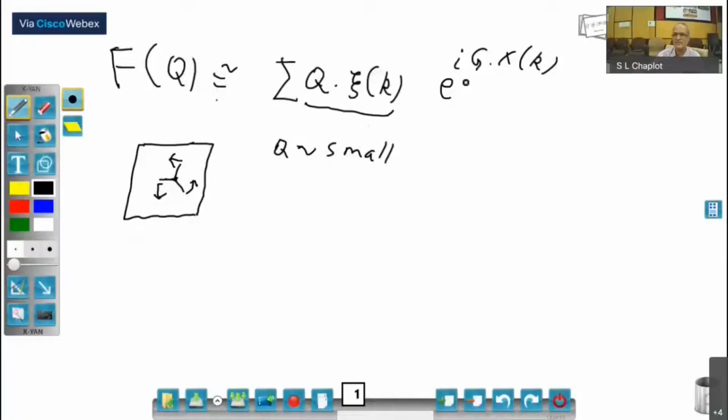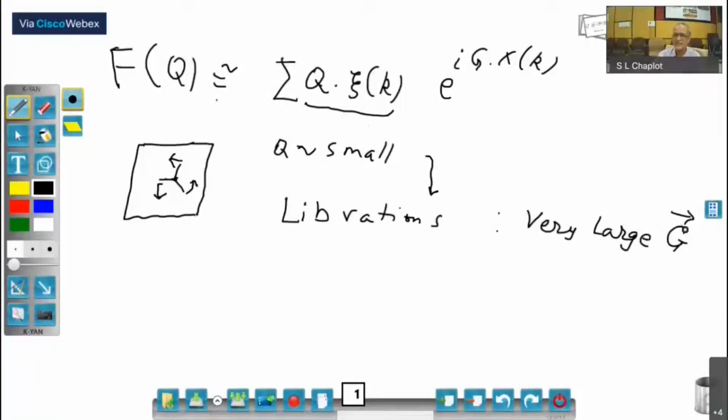And these will not vary much because if q is small, then the corresponding changes are also really small. That means the rotational phonons, or what we normally call the librations, are not measurable in a good way at small q values. So for librations, we normally choose very large G vectors, and for translations, of course, what I just mentioned, the acoustic and optic modes, the G need not be extremely large.